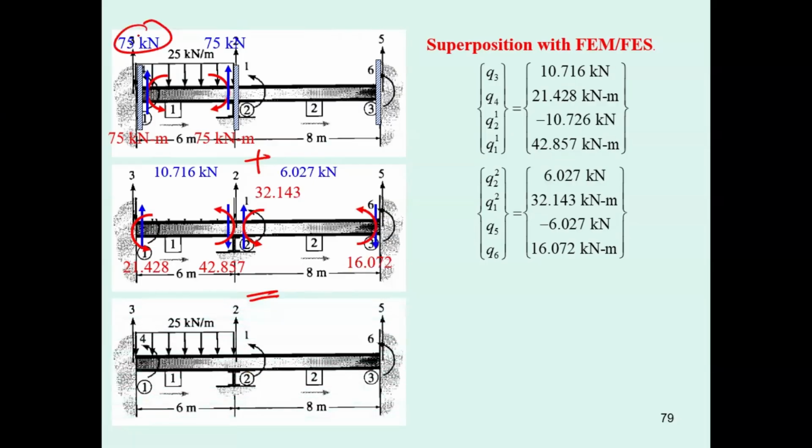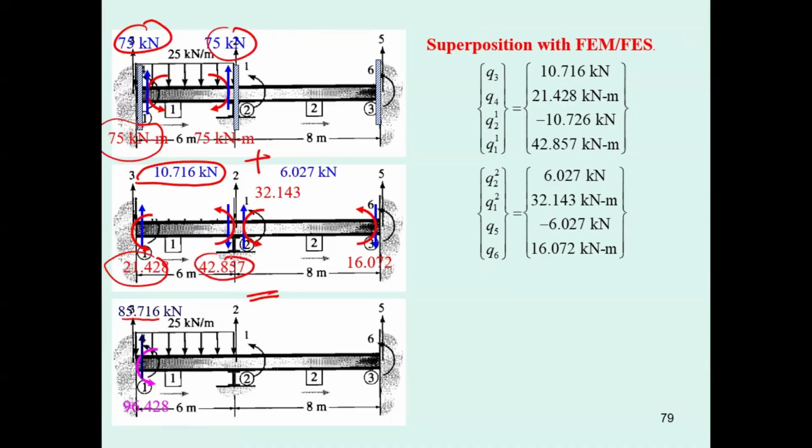Take 75 kilonewton and 10.716. You get 85.716. Then this is counterclockwise. This is counterclockwise. Combine them, you get this 94.428 counterclockwise. Then 75 upward.